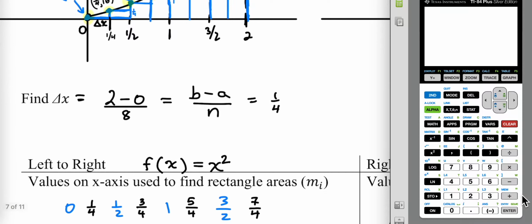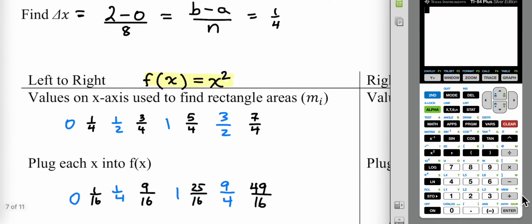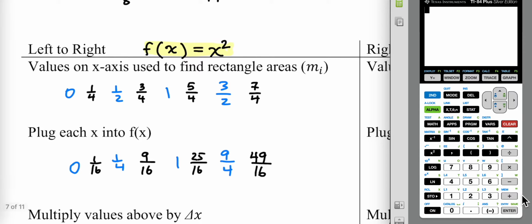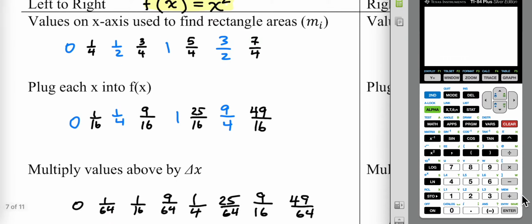If we square each of those by plugging them into the original function, we get 0, 1/16, 1/4, 9/16, 1, 25/16, 9/4, and 49/16. Then the next step in the process is to multiply by delta x being 1/4. So that's where these values come from, my terrible penmanship.